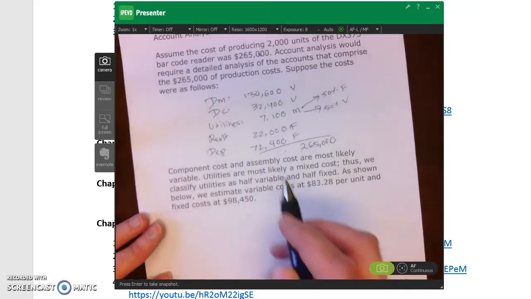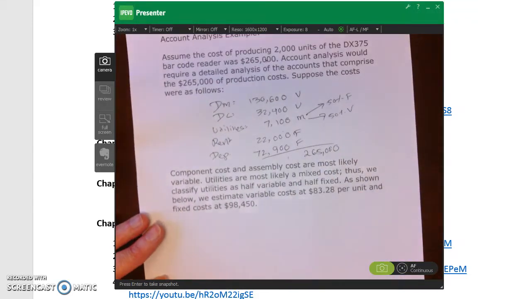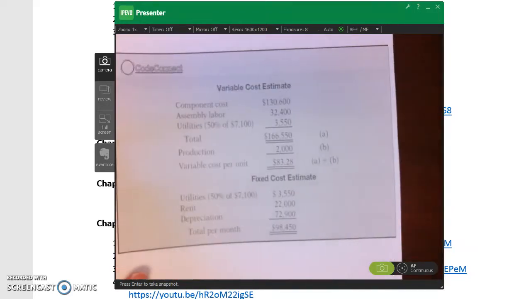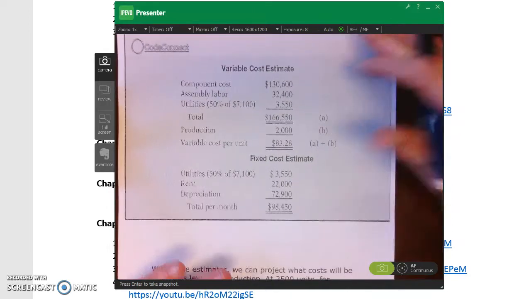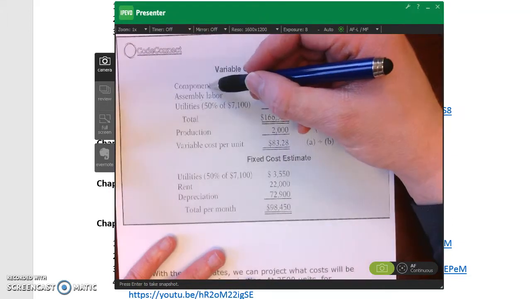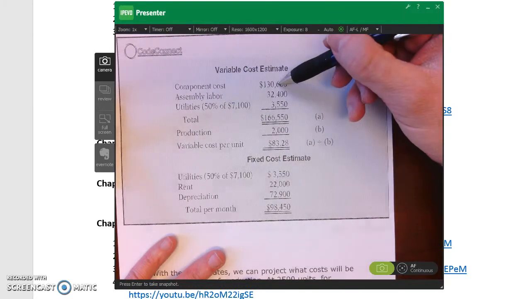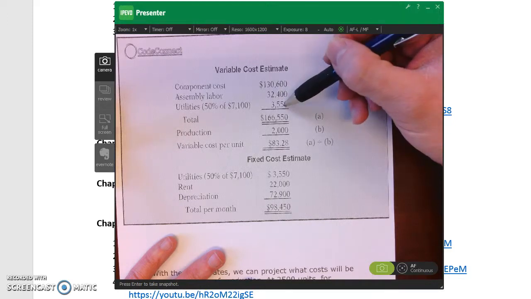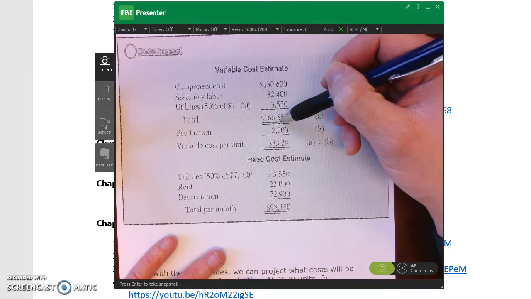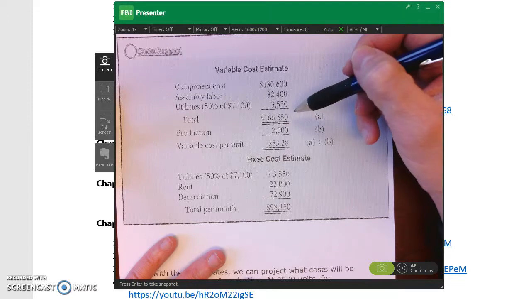So what we can do is calculate our variable cost per unit and our total fixed cost. Here is our variable cost per unit, the component cost: our direct materials, our direct labor, and half of our utilities. This gives us a total variable cost of $166,550.